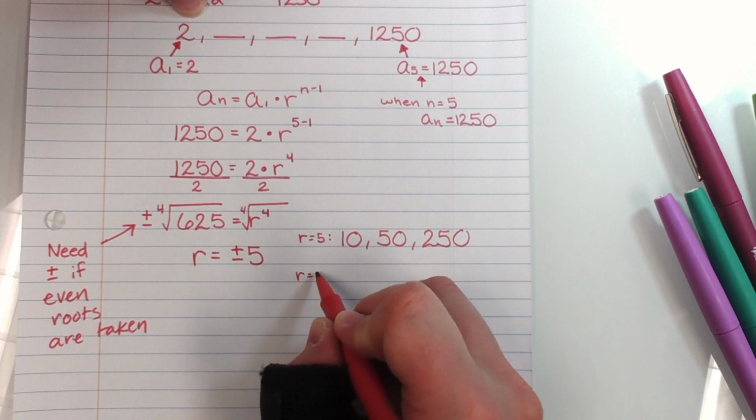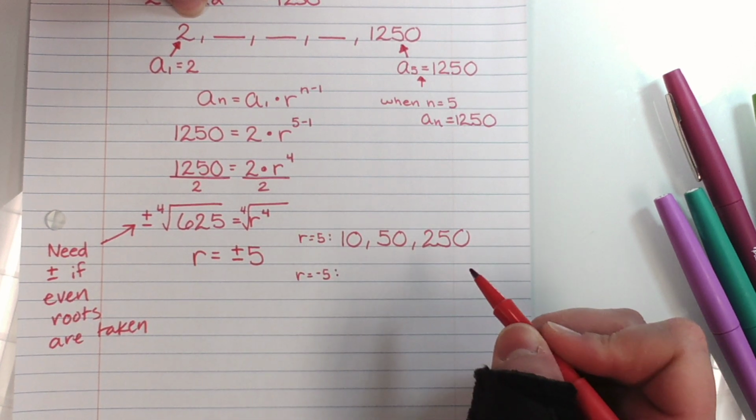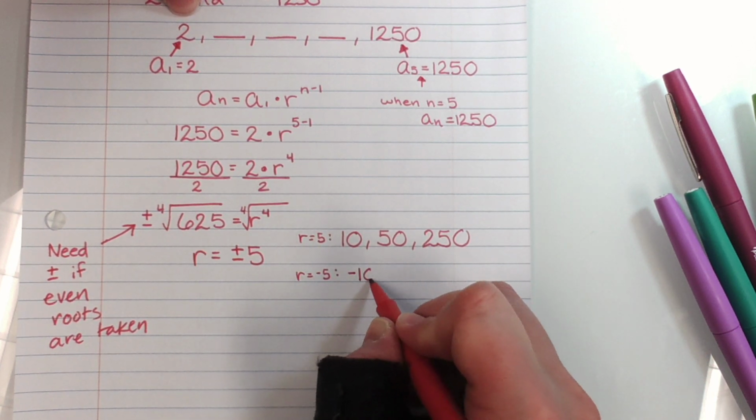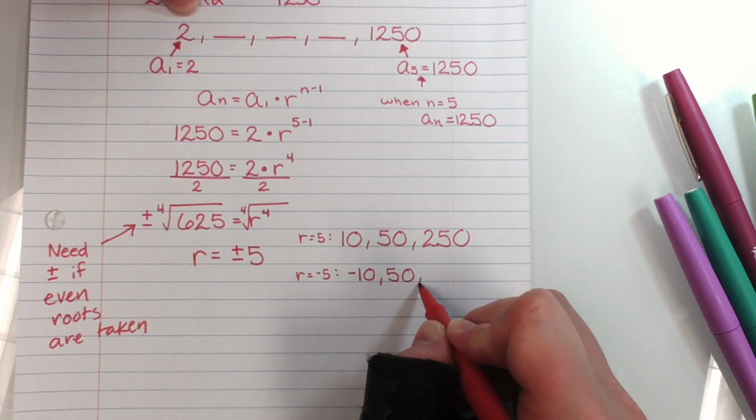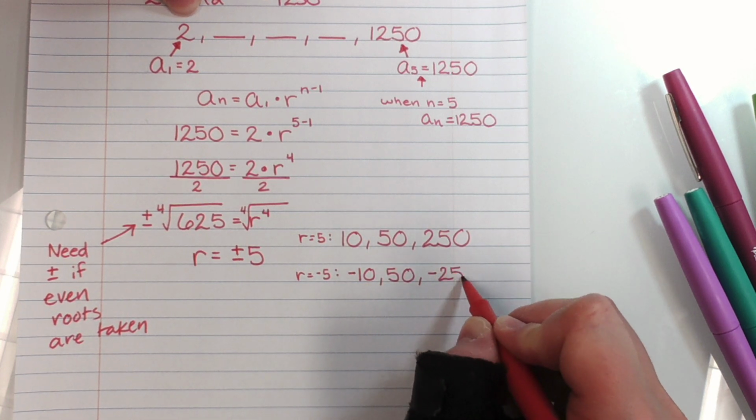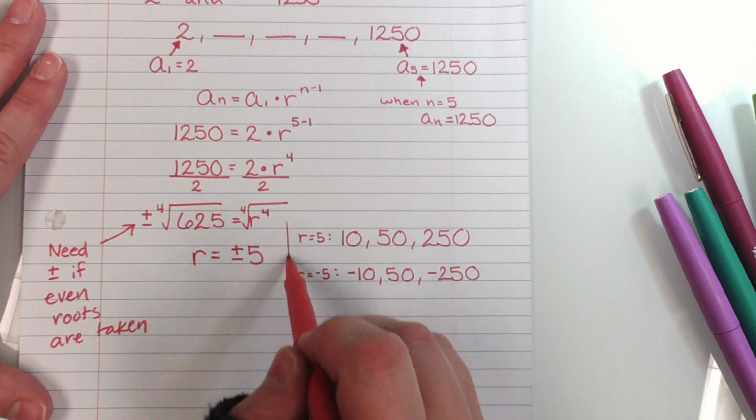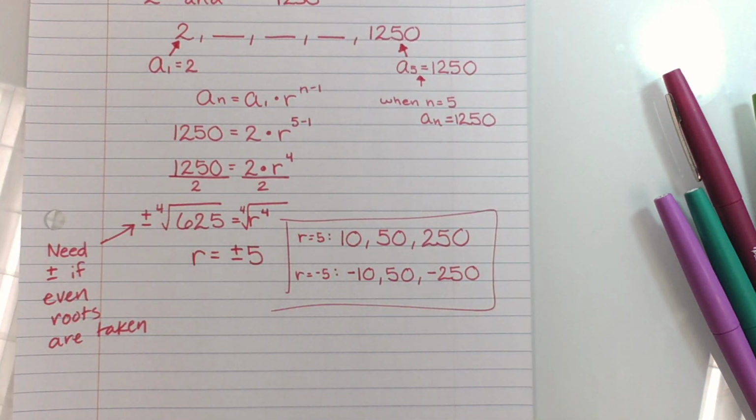If R is negative 5, same idea, but the 10 becomes negative, the 50 stays positive, the 250 is negative. It goes back and forth from positive to negative. So you got to be careful of that.